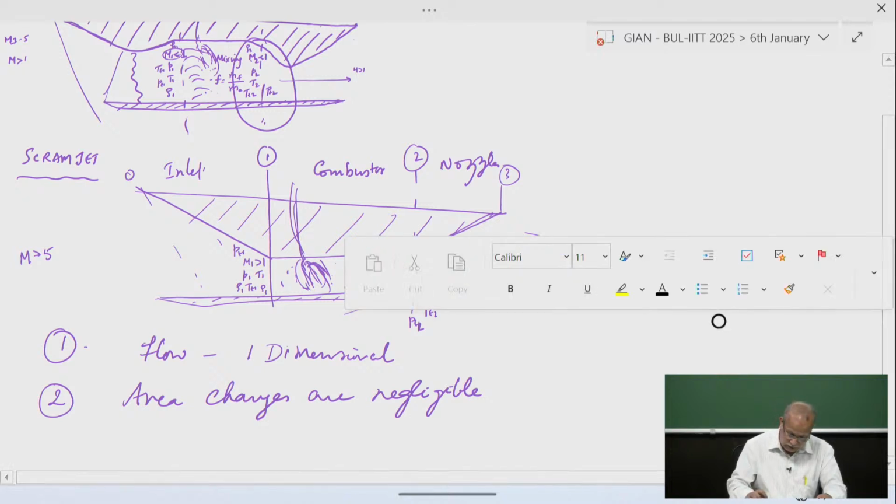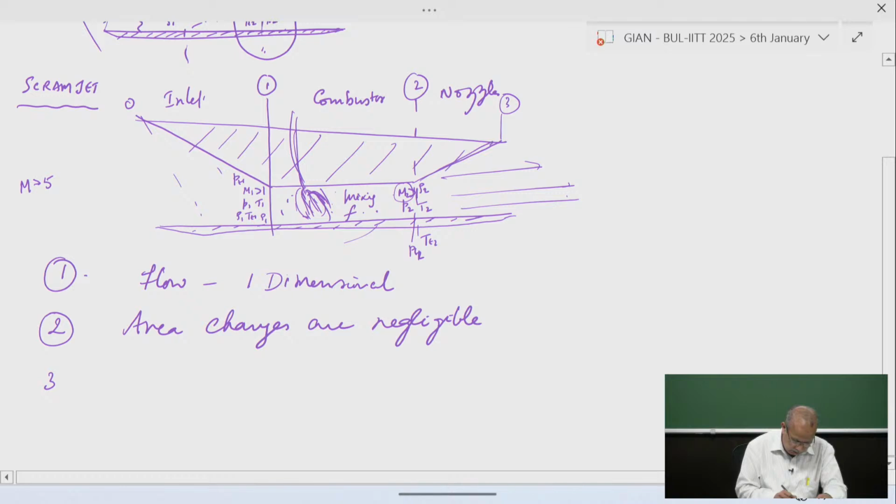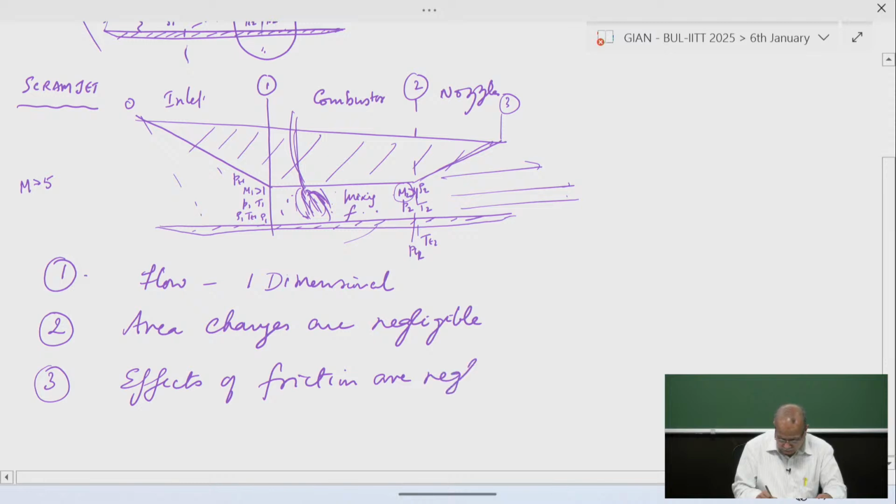The third assumption you're going to make here is that effects of friction are negligible. That is what we are going to consider.